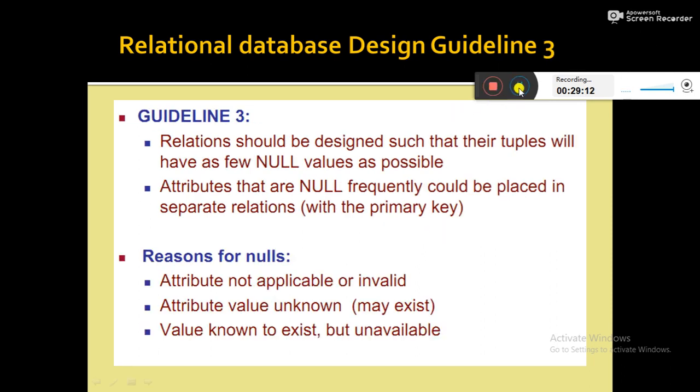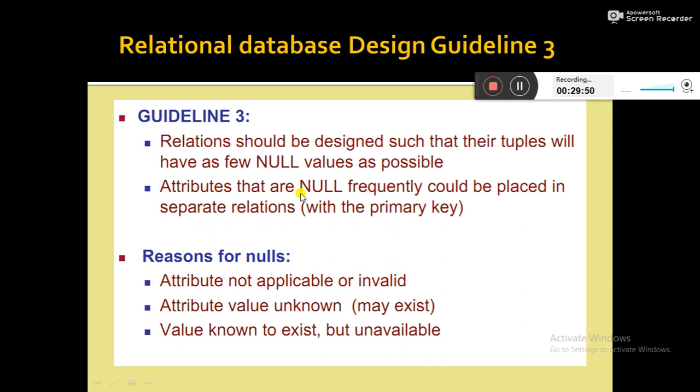Next, guideline 3 states: don't place attributes into a relation whose value may frequently be null. While designing a relational database, don't include those attributes whose value may frequently appear as null. Attributes that are frequently null could be placed in a separate relation. Don't include them in the original relation.